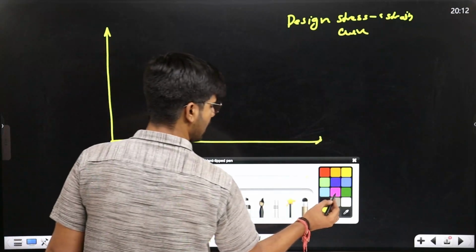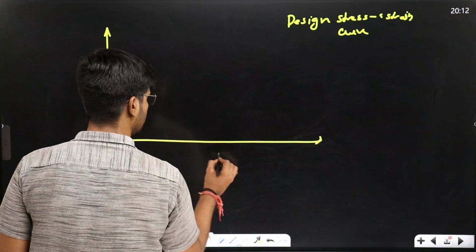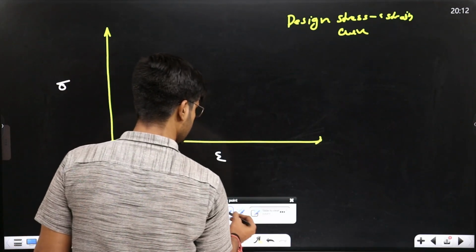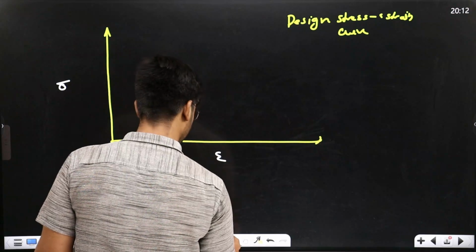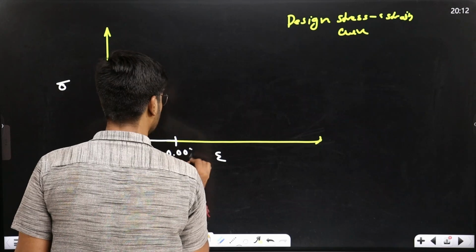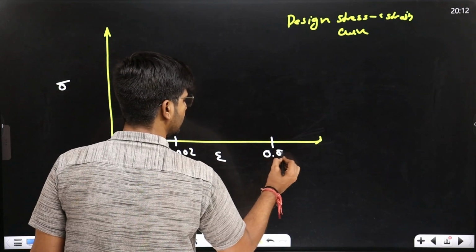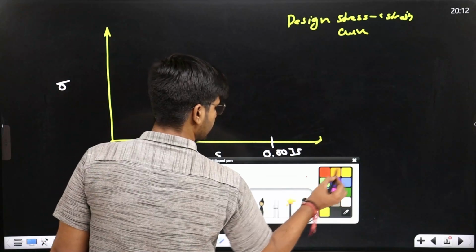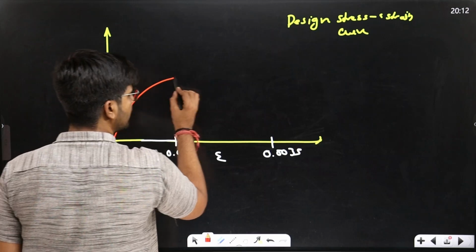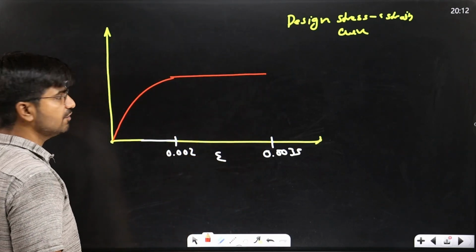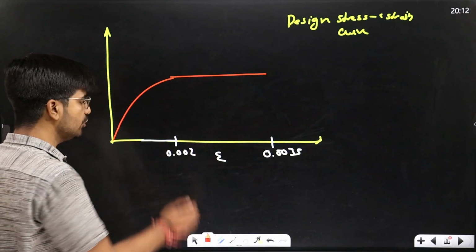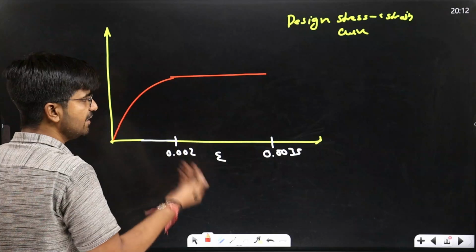So up to 0.002 strain value it is parabolic, and up to 0.0035 it is constant. This is your design stress strain curve. Up to 0.002 it is parabolic, then it is constant.